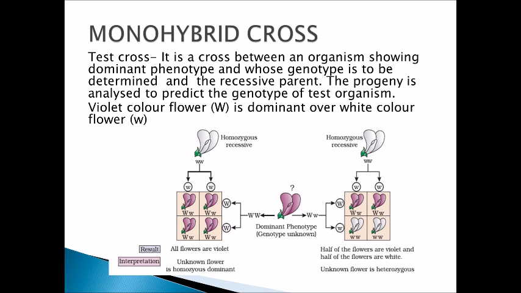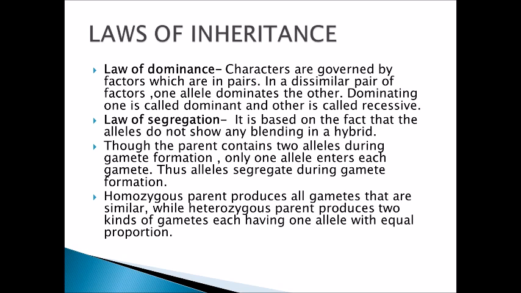Another topic is the laws of inheritance, like the law of dominance. In this, characters are governed by factors which are in pairs. We have seen that the genes, or the factors, are present in pairs.